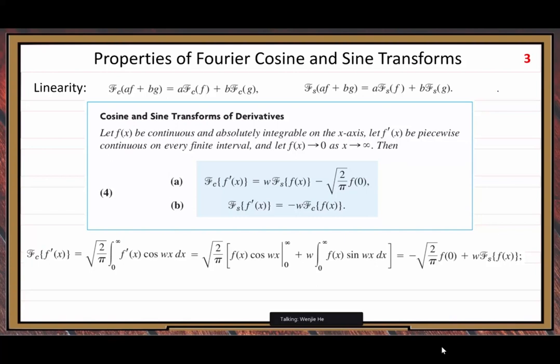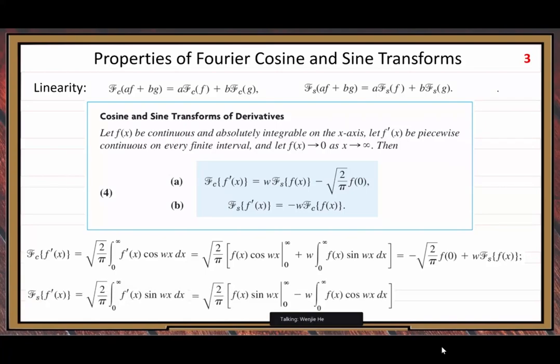So it's gone, and you have this part. For the other one, integration by parts again, the limit at infinity is 0. So there you have that. Very easy to see the property.